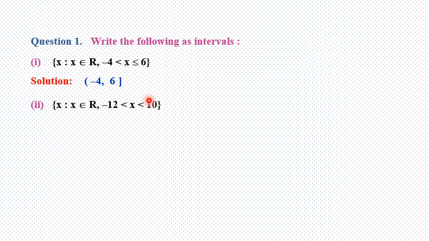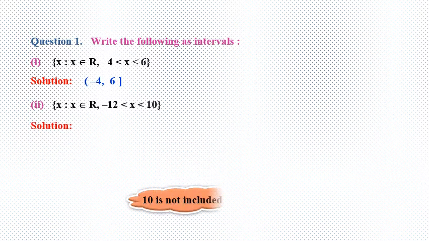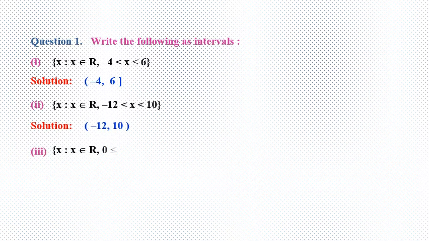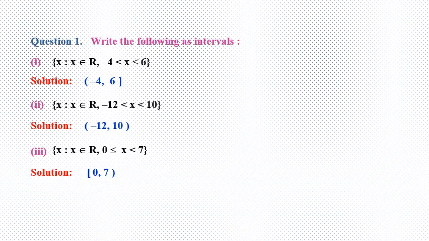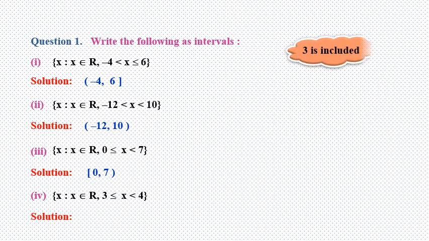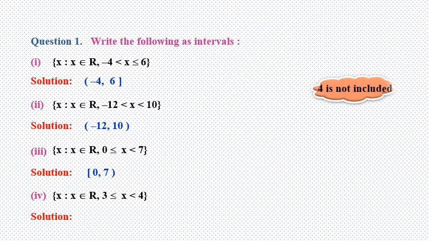Second problem: both are not included here, therefore it is an open interval, -12 and 10. Third problem: 0 included, 7 not included. We can write it as left closed, right open, 0, 7. Fourth problem: 3 is included and 4 is not included. 3 closed, 4 open. Understood?